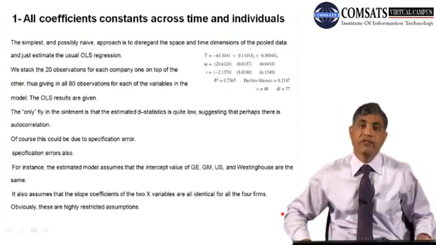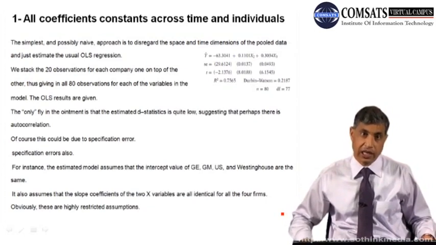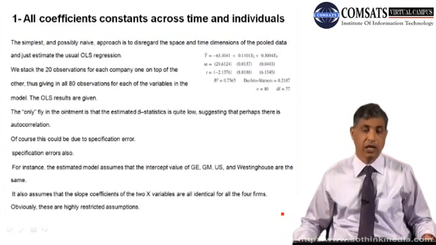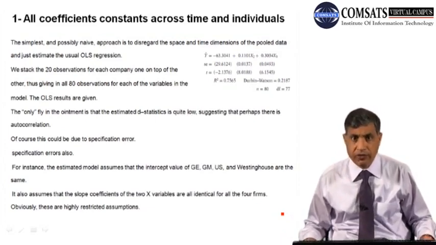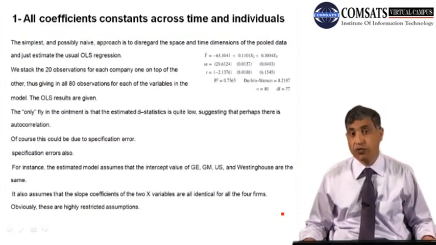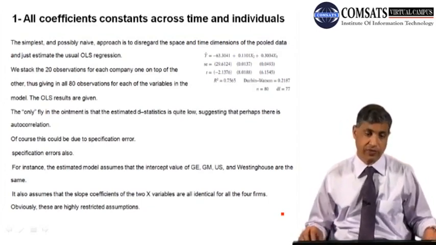I think you know. Y is the real investment, X2 is the value of the firm, and X3 is the capital stock. And what is the time length of the data? For each firm, data is available from 1935 to 1954. For each firm, you have 20 time series observations.